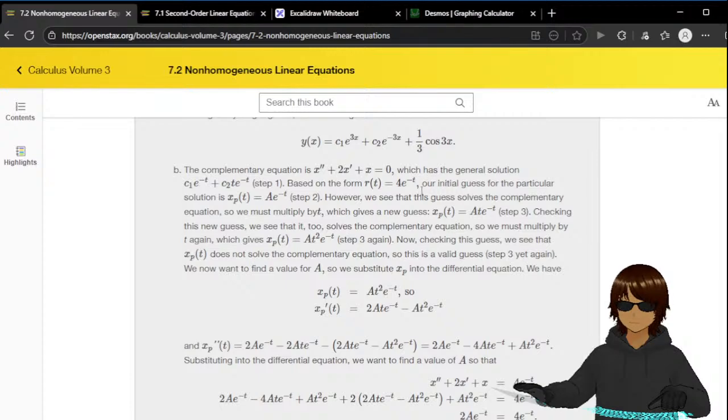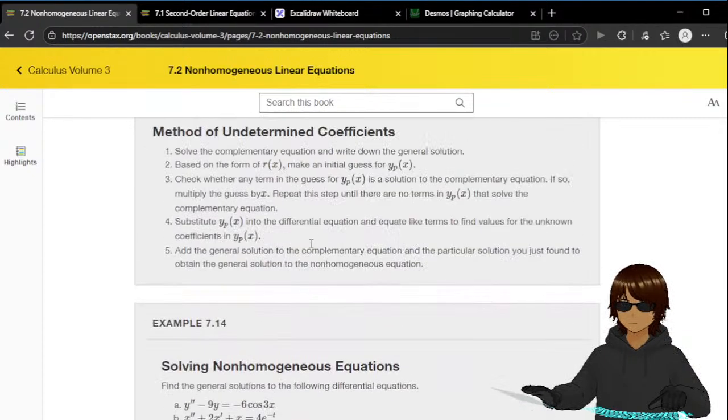Based on the form, our initial guess for the particular solution is this. Well, we see that this guess solves the complementary equation, so we must multiply by t, which gives a new guess, a t e to the power of minus t. Checking this new guess, we see that it also solves the complementary equation, so we must multiply by t again, which gives this.